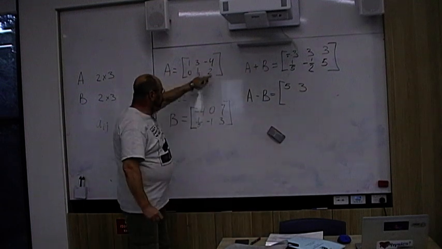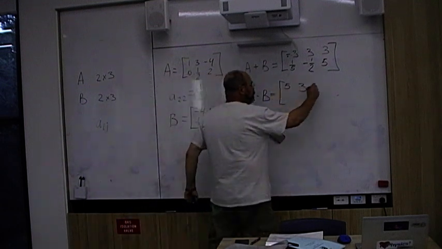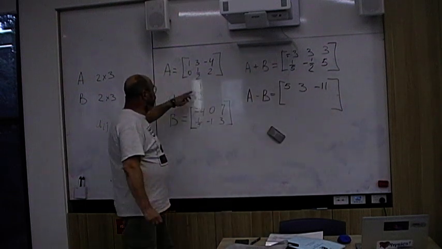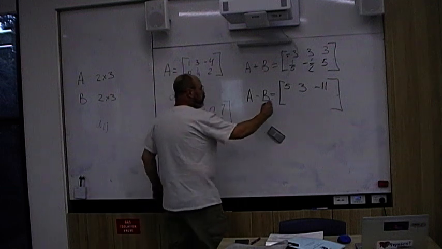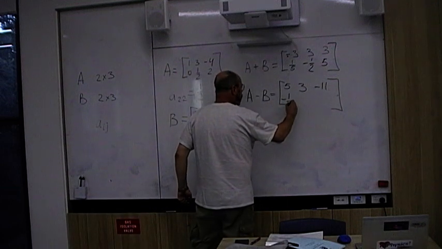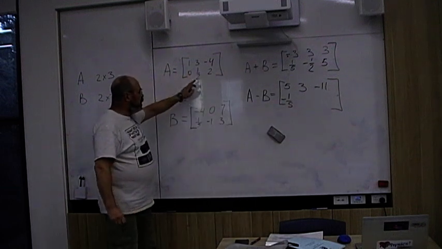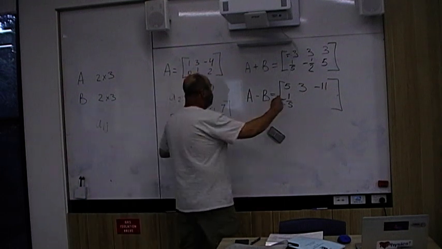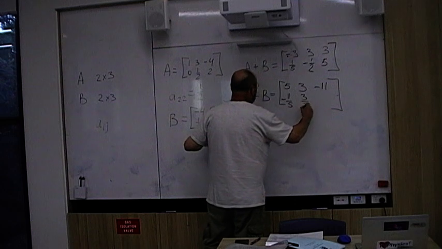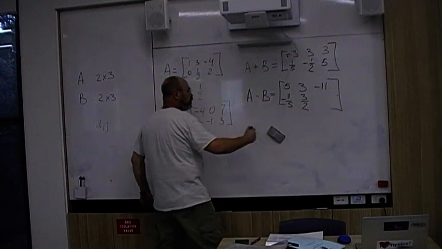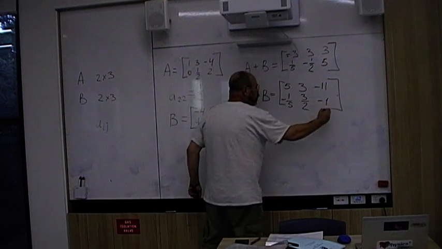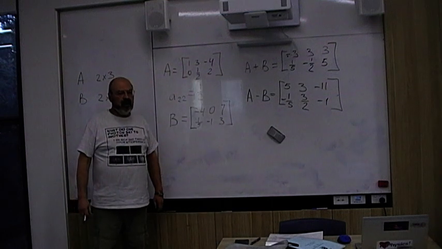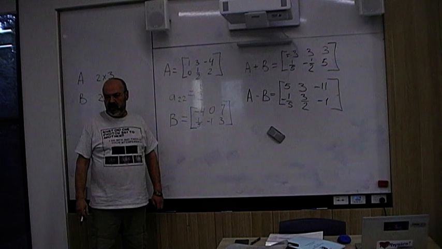Minus 4 minus 7, negative 11. 0 minus 1/5, negative 1/5. 1/2 minus negative 1 will be plus 1, so 3 on 2. And 2 minus 3 will be negative 1. That's how we add and subtract matrices.